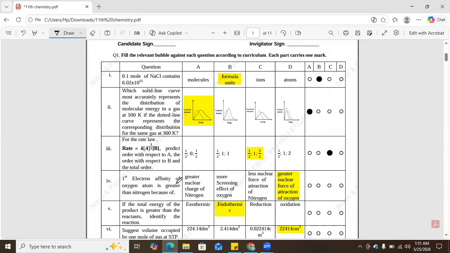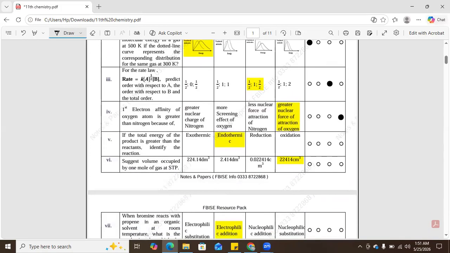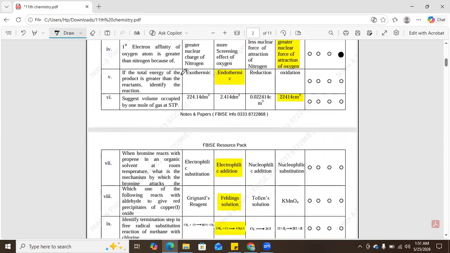First electron affinity of oxygen atom is greater than nitrogen because of greater nuclear force of attraction of oxygen. If the total energy of the products is greater than the reactants, identify the reaction. Endothermic. B is the right answer.